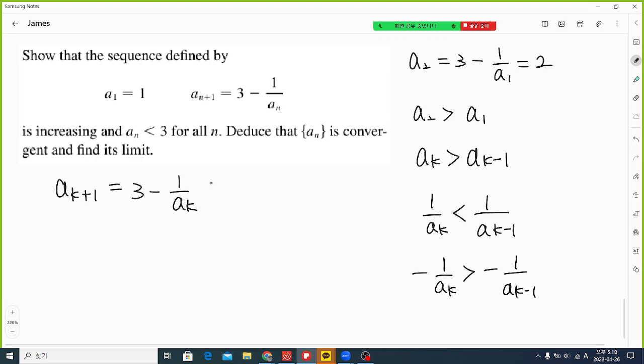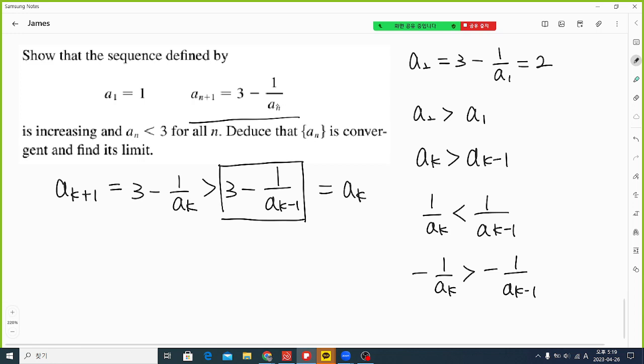So that means this, and this one is equal to the kth term. We are using this formula. If n is k minus 1, this one is this.